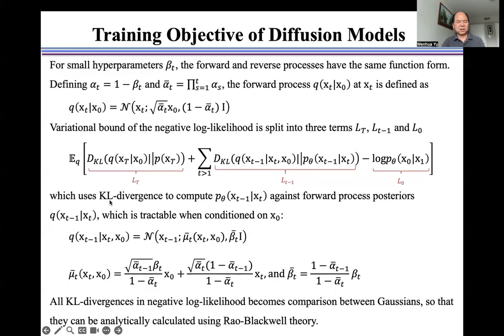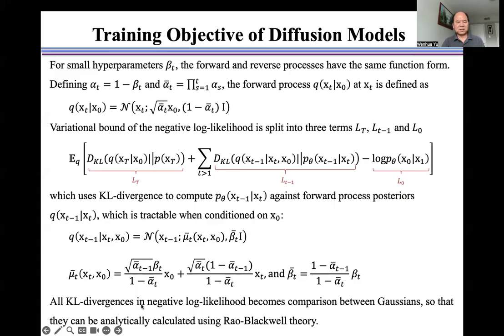which uses KL divergence to compute p theta against the forward process posterior q, which is tractable when conditioned on x0, as shown here.